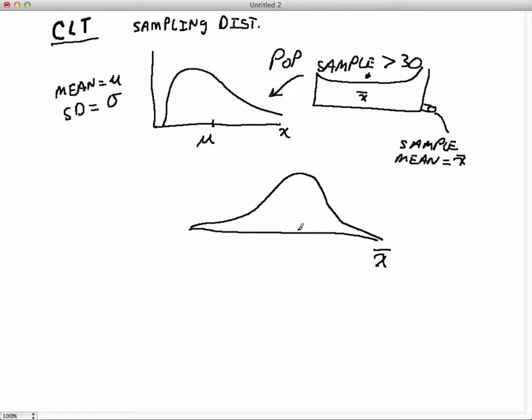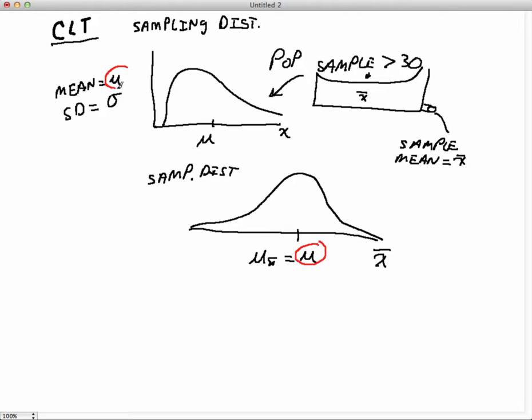They will be bell-shaped. And this distribution down here is not the population distribution. This is the sampling distribution. This distribution down here will have the same mean as the original distribution. That is, the mean of the x bars is going to be equal to the mean of the population. So again, let me do a little color coding here to help us out. These two are the same.